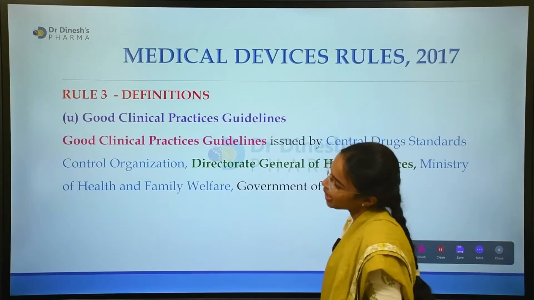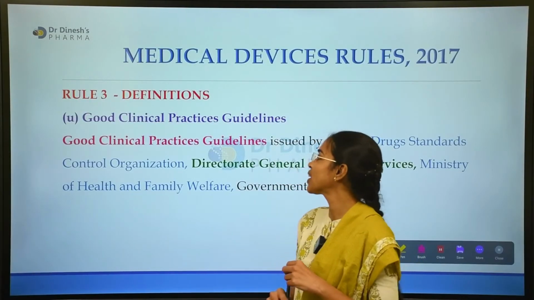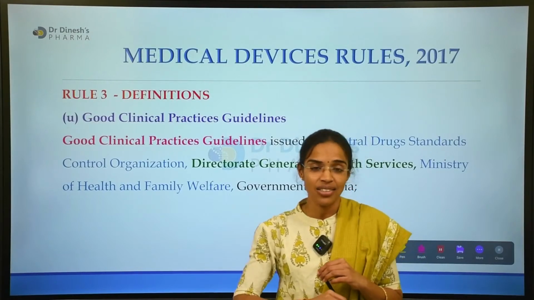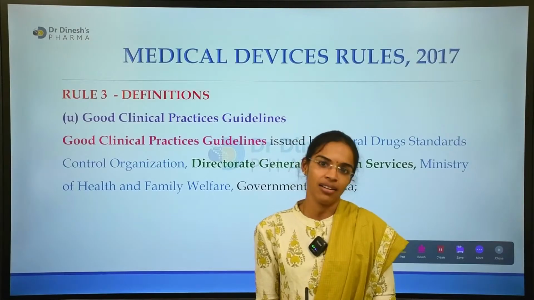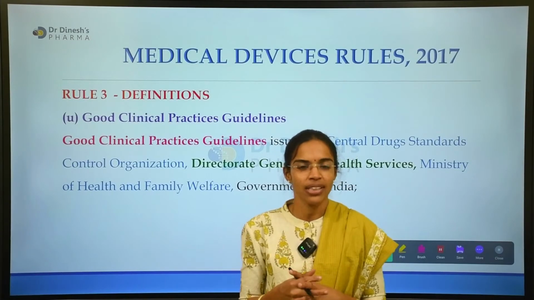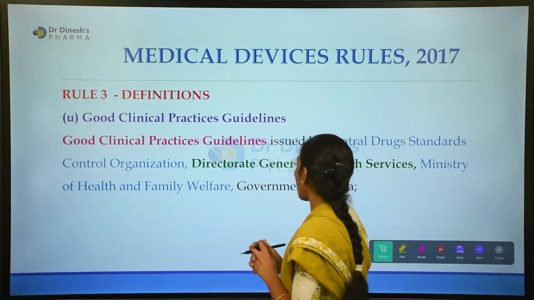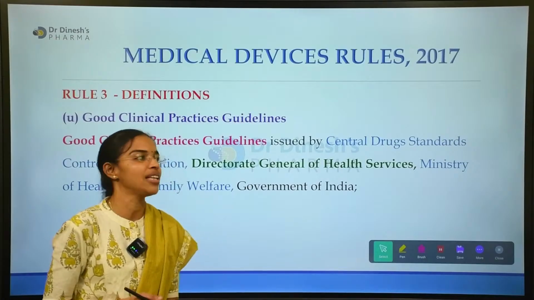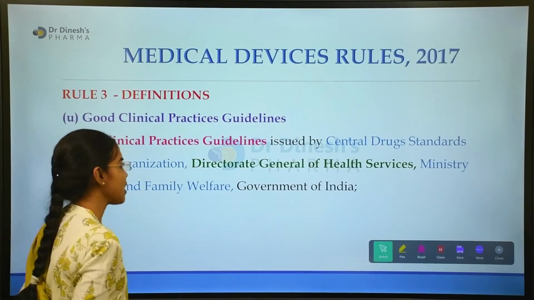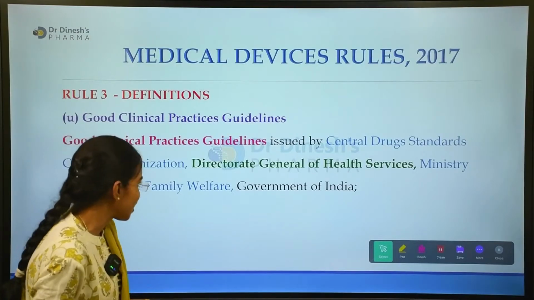Okay, moving forward to 3U, it is nothing but the Good Clinical Practices guidelines. GCP guidelines are very relevant to all of us, as they are issued by the CDSCO, the Central Drugs Standard Control Organization.